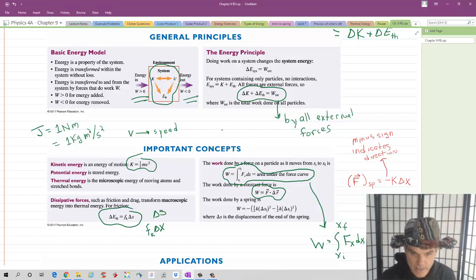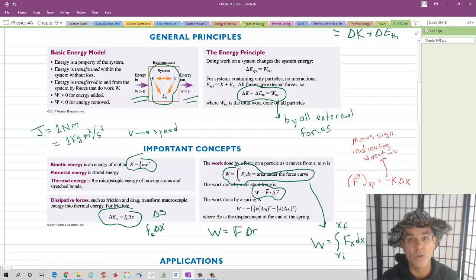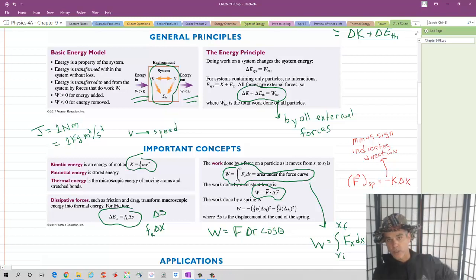Keep in mind that in this equation, work equals F dot delta R. That's equal to the magnitude of the force, which is always positive, the magnitude of the displacement, which is always positive, times the cosine of the angle between them. The angle between the two vectors is the only thing that determines whether the dot product is positive, negative, or 0.